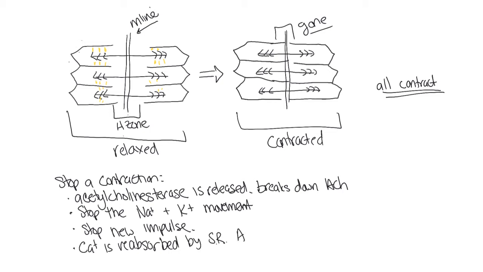The actin and myosin are going to detach, or unlink. And when they detach, the muscle relaxes. So once our actin and myosin detach, then our muscle relaxes, and then our contraction is done.